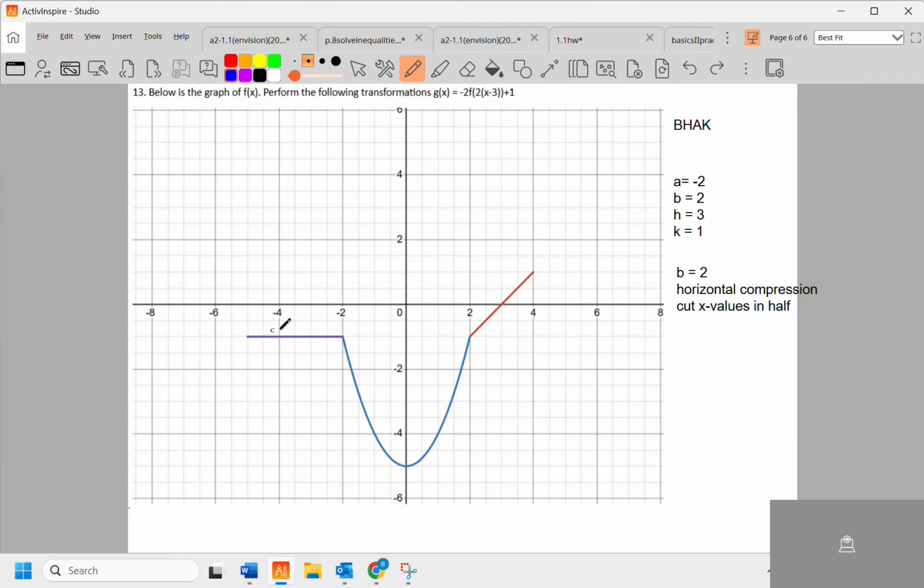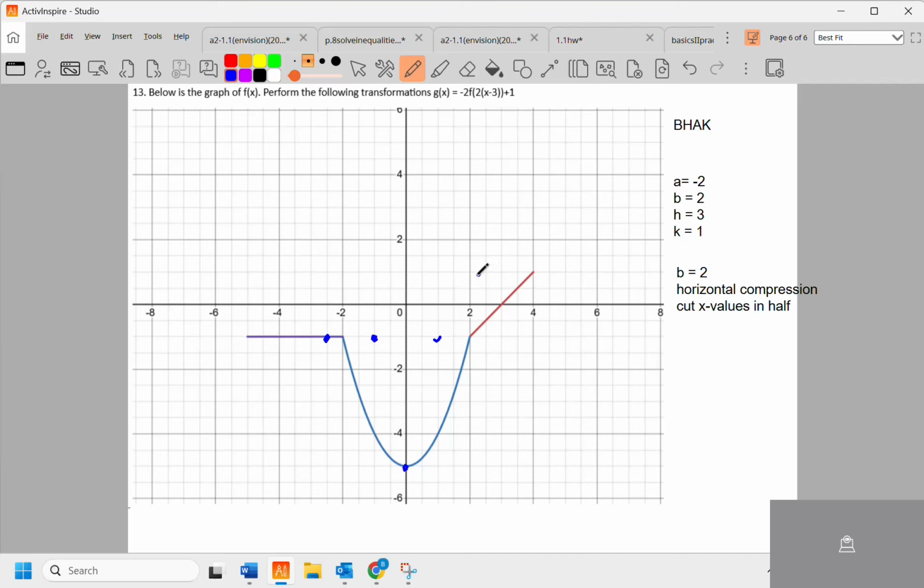If we cut it in half, we're at -2.5, which, believe it or not, is right here. This would be -3, so -2.5. Here's a guy at -2. We cut it in half, we're at -1. If you cut 0 in half, you're still at 0, so nothing to do there. If you cut 2 in half, you're at 1. And if you cut 4 in half, you would be at 2.